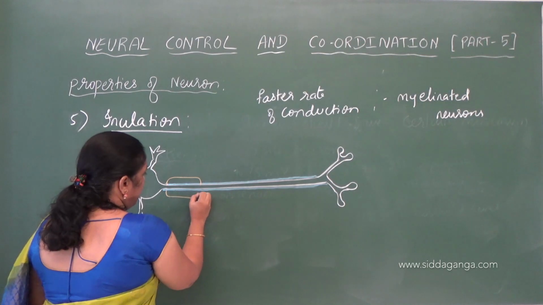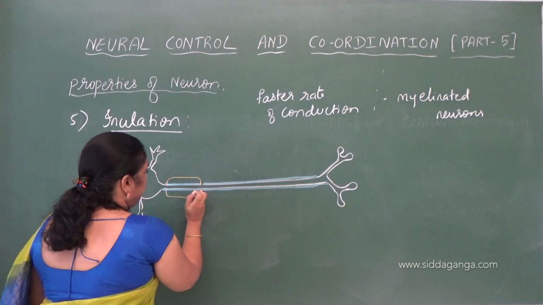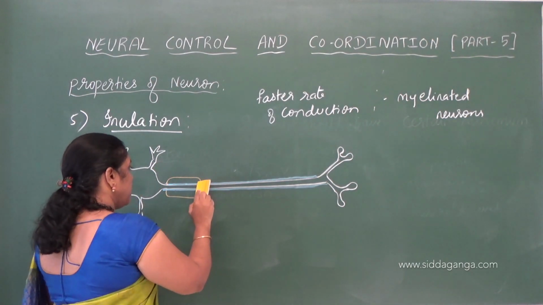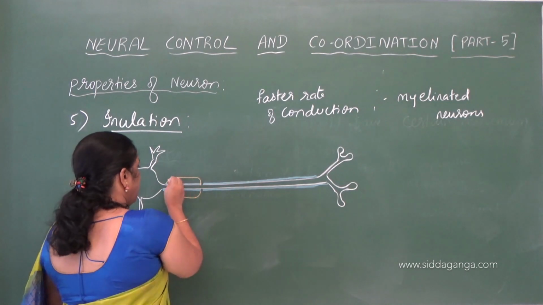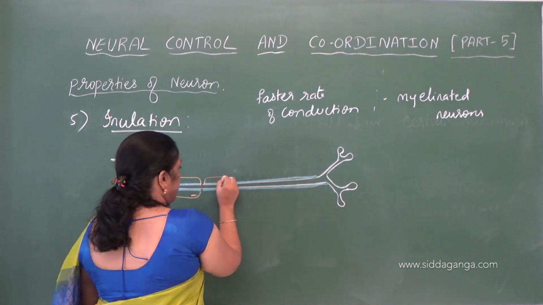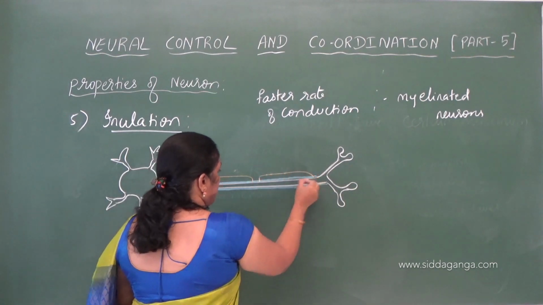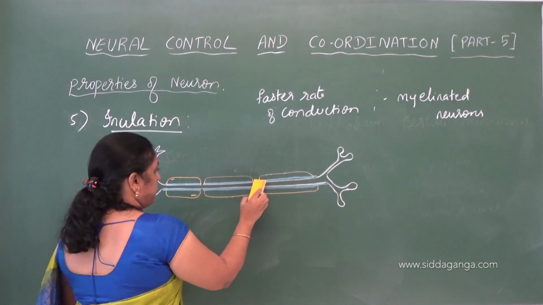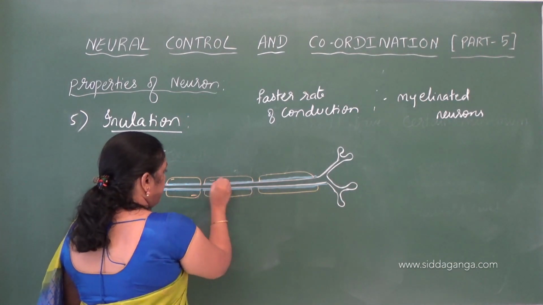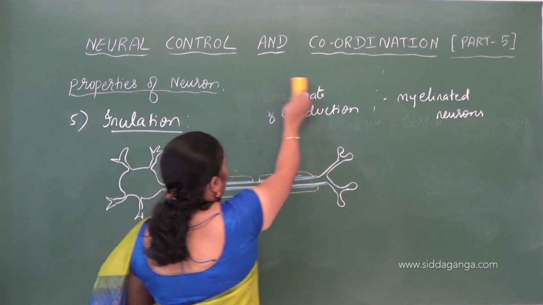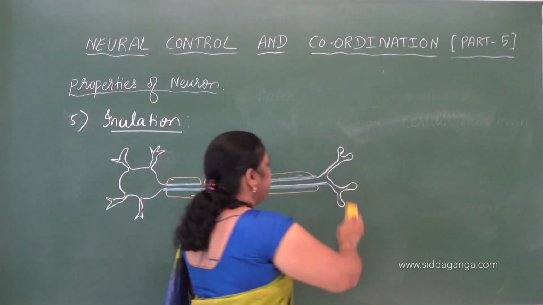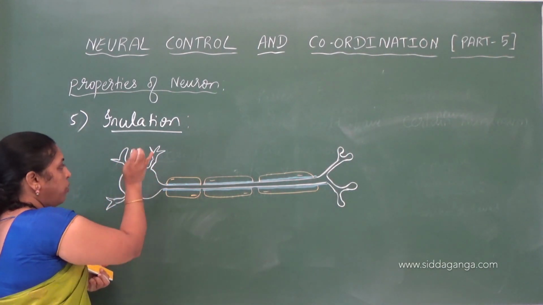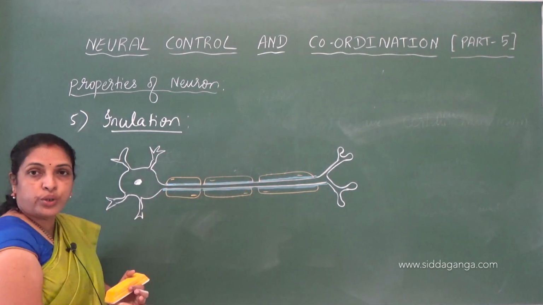See, this myelin sheath is interrupted by Schwann cells. This is the cell body, dendrons, axon terminal.